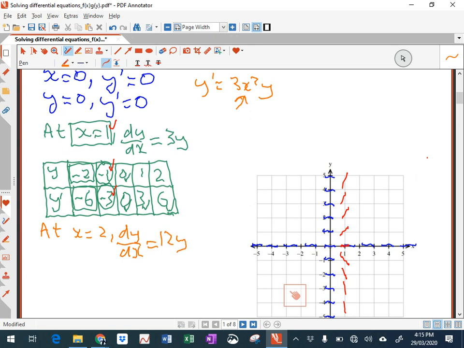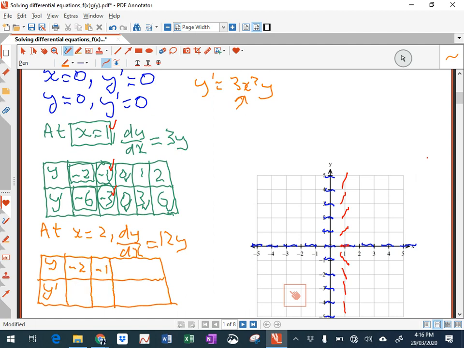Okay, table of values, and we're going to do y and y dash. I'm just going to go from -2. Once you see the pattern, you can see what to do. -1. We've already done 0 anyway, haven't we? Do it anyway. 1, 2.